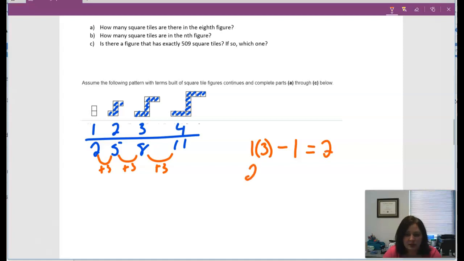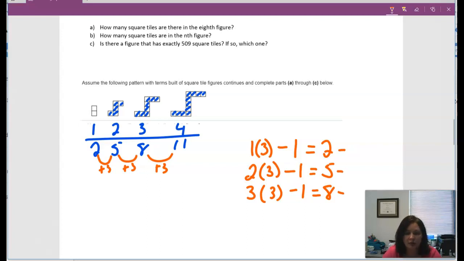Let's look at the second term. We're going to multiply it by 3. That's 6. If I subtract 1, that's going to give me the 5. And let's do the third term just to show that it still holds. 3 times 3 is 9. Minus 1 is 8. So that's giving us these values here.